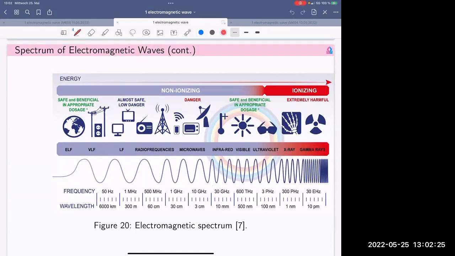For example, in Thailand, we have these kinds of towers next to the road, right? Along the road, we have the tower. And yeah, you can get the very low frequency electromagnetic wave from this tower.